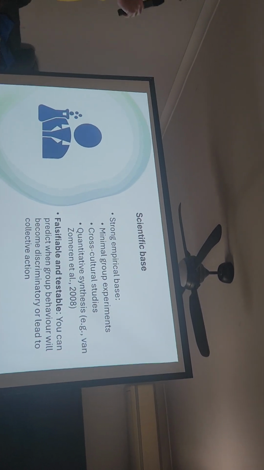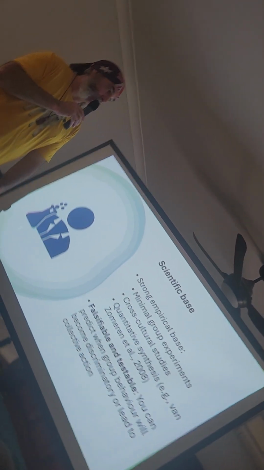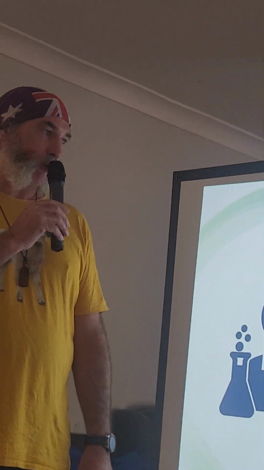The scientific base of social identity theory has a strong empirical base: minimal group experiments, cross-cultural studies, and quantitative methods. It's falsifiable and testable.